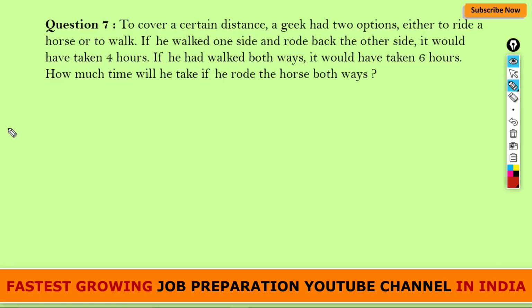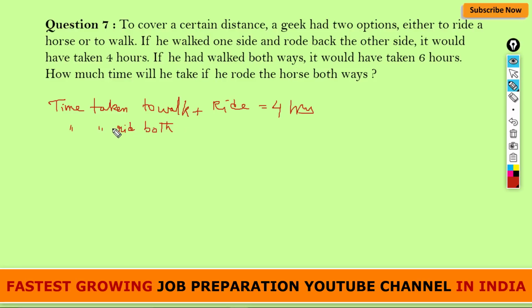Time taken to walk one side plus time taken to ride one side equals 4 hours. The second case: time taken to walk both sides equals 2 into the time taken for one side. Understood? It is such a beautiful concept.